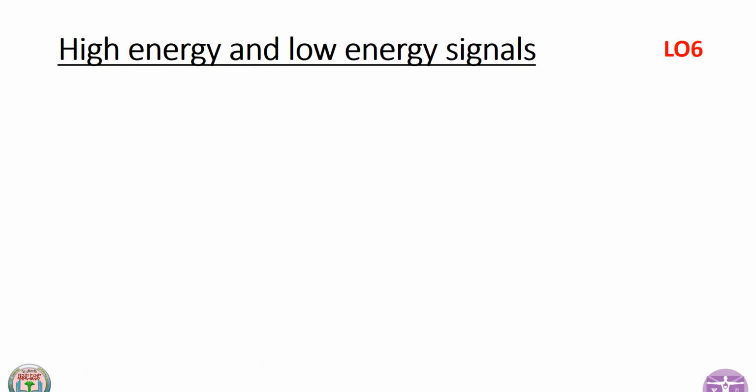Now, what are the high and low energy signals? They are signals that inform the cell about its energy state, whether it is in a high energy state or a low energy state.